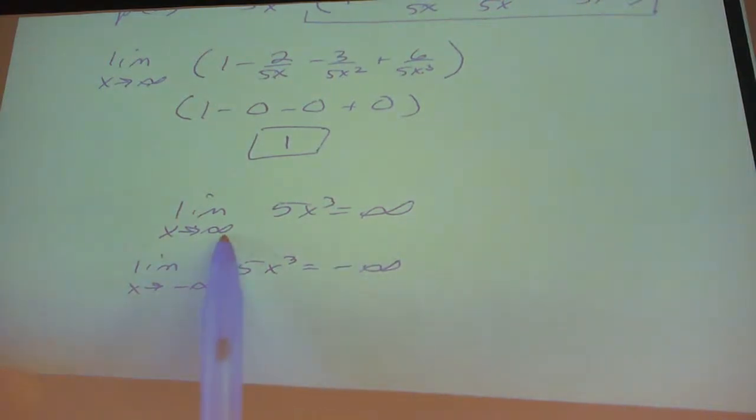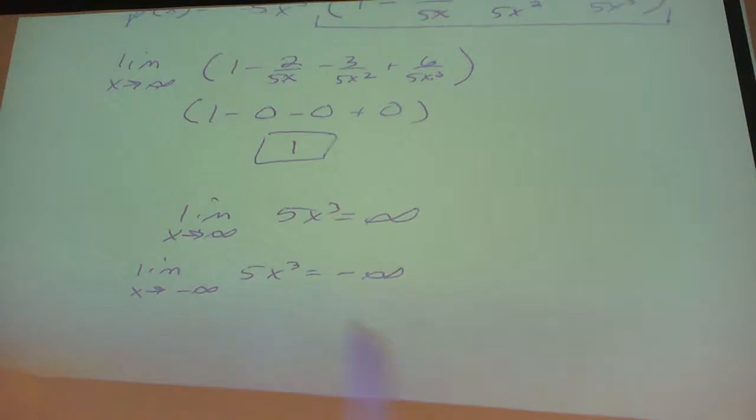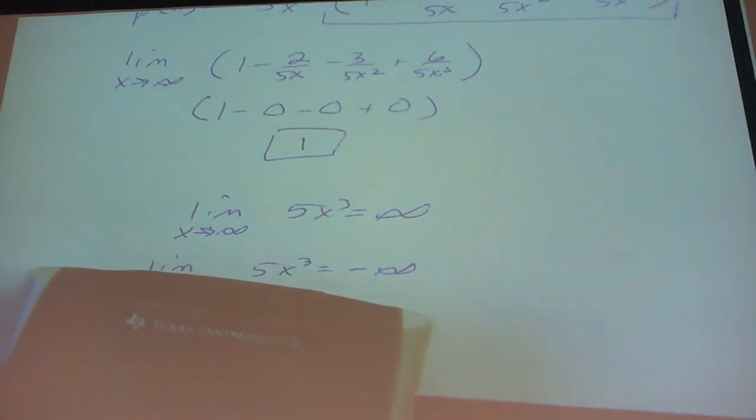So if I go to infinity, it goes up to infinity. If I go to negative infinity, it goes to negative infinity. What is this really telling me? And again, it's not going to be exciting, so don't expect some dramatic thing.